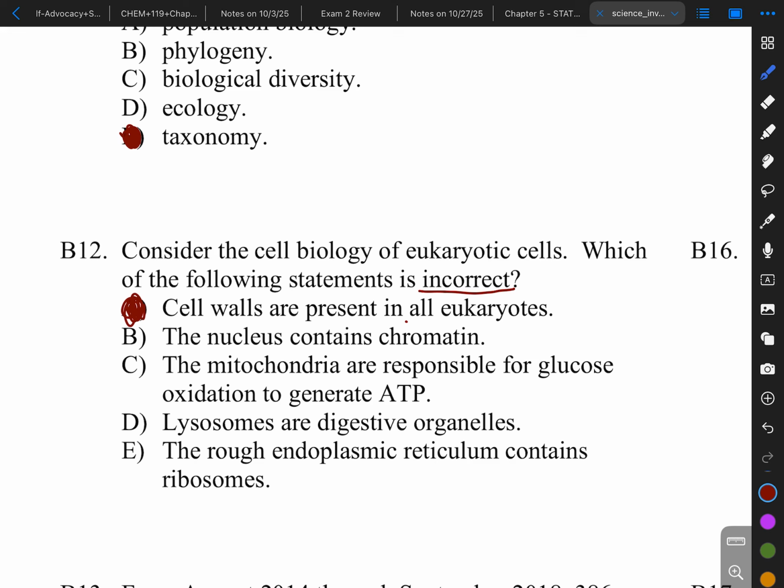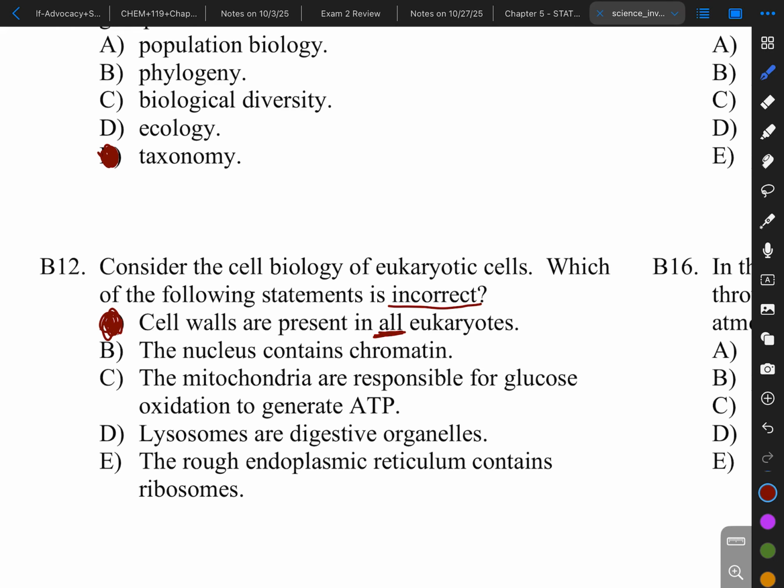And among those, fungi and plants are the ones that have cell walls. I think some protists do, but a lot of protists do not have cell walls, and obviously animals do not have cell walls. So they cannot be present in all eukaryotes. And everything else is perfectly right. So that's the answer to 12.